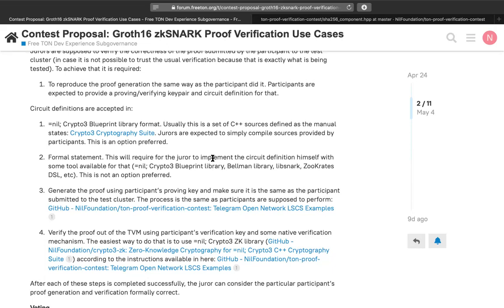We do not limit participants on that. I mean the jury, but anyway. The contest defines that participants are not limited in terms of that, and the circuit can be accepted in some formal definition, in some other DSL or some other format.